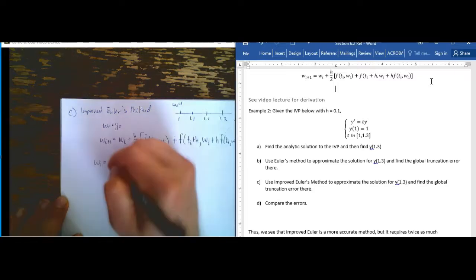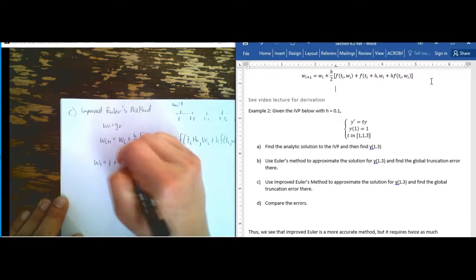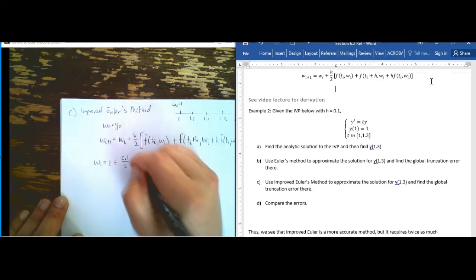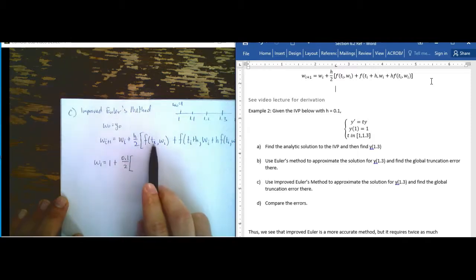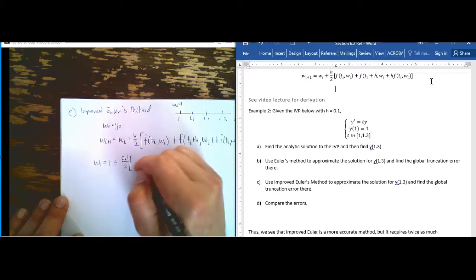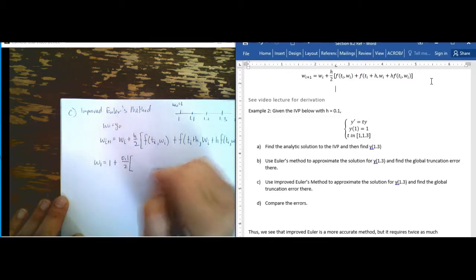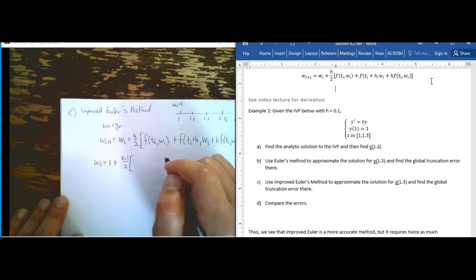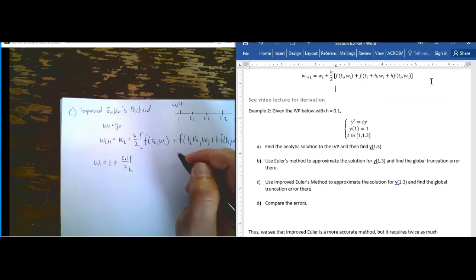It's 1 plus h over 2 times f of ti, wi. Well, f is just t times y. So this would be t0 times w0.